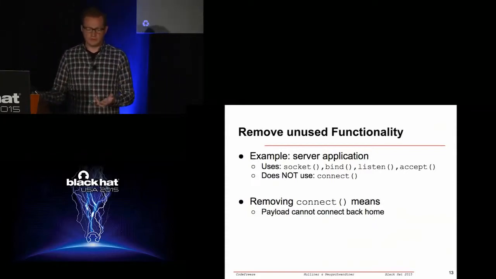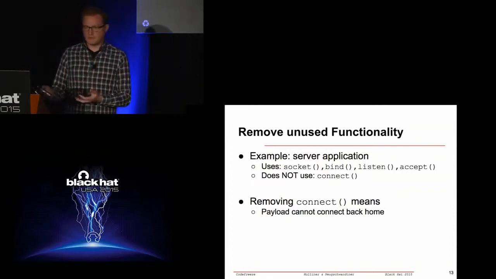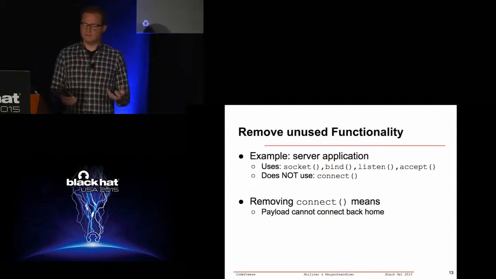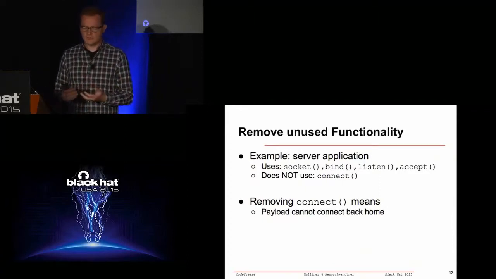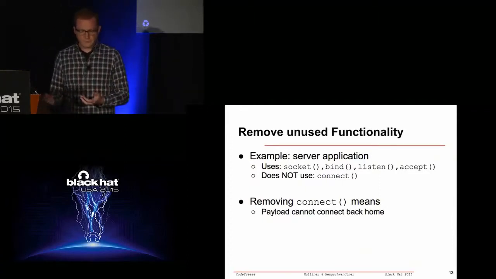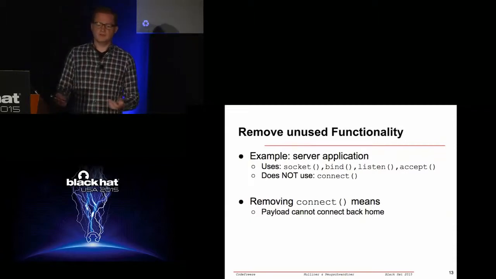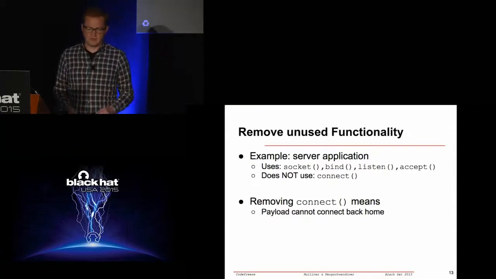So if we remove connect from that process, and you have, for example, some exploit that tries to do a back connect, there is no connect functionality anymore in this process, and so this very basic way for the attacker to get a connection backward to his control server cannot be done anymore.